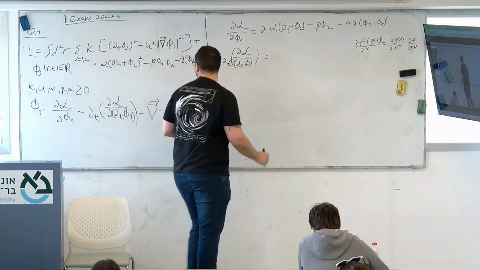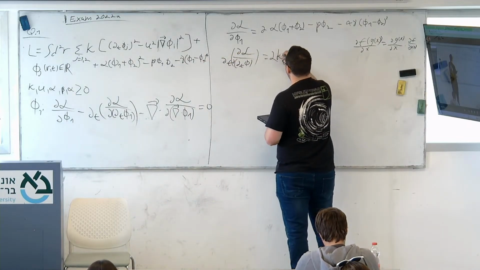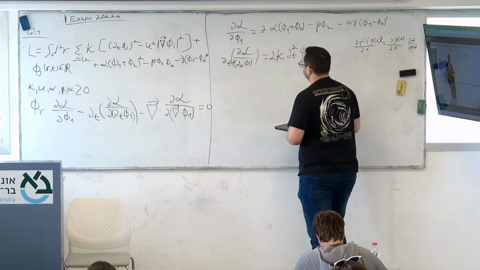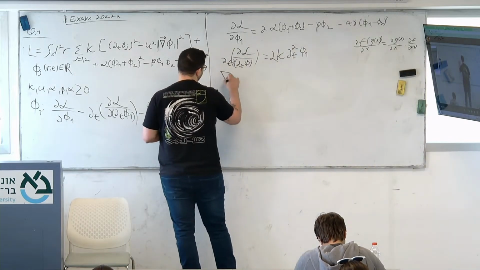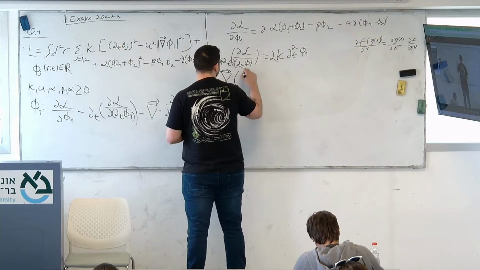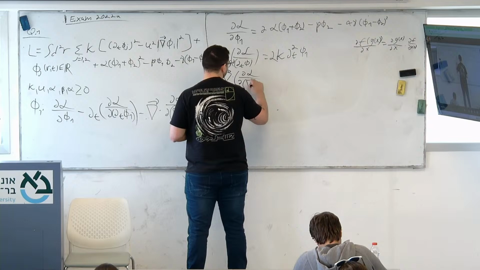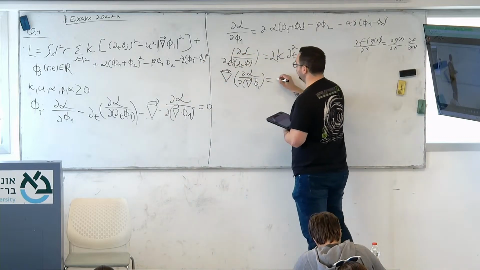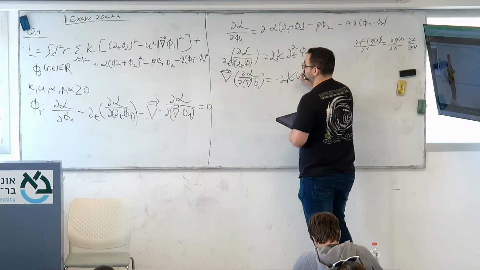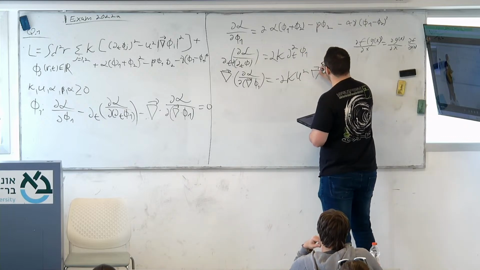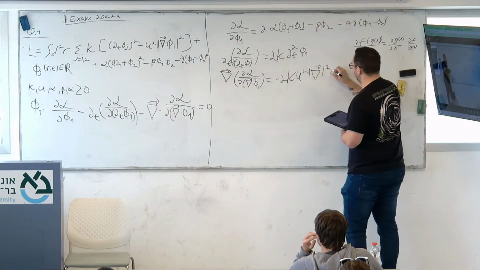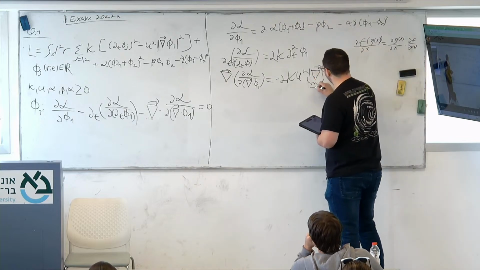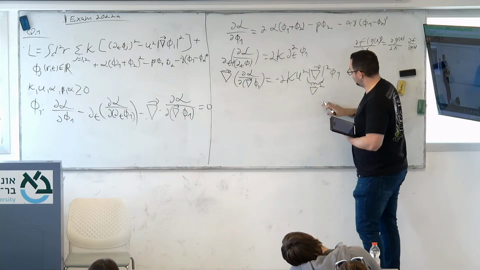Alright, so now the derivative in time. Right here, so it's 2 kappa, d/dt squared, phi1, and phi1 is very similar, minus 2 kappa, the gradient squared, phi1, which of course usually we just write it like so.